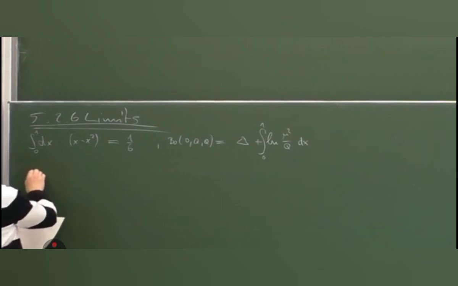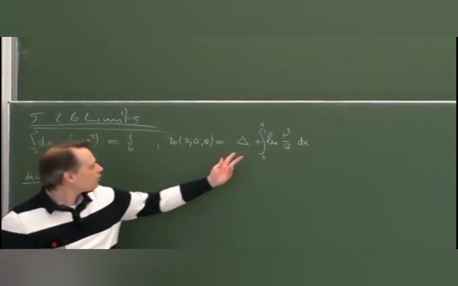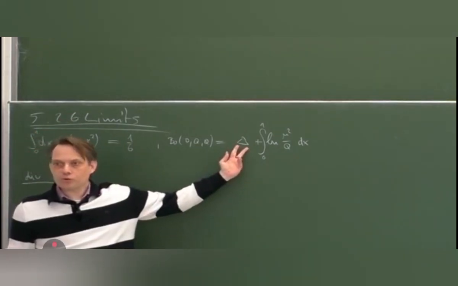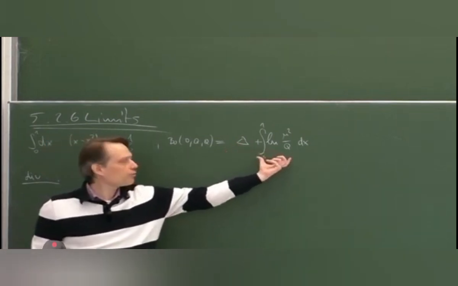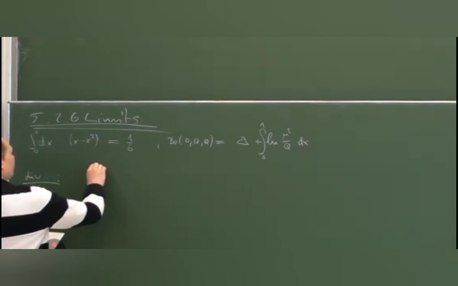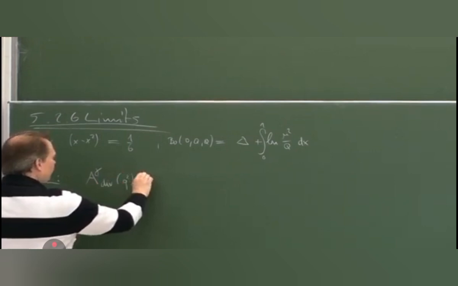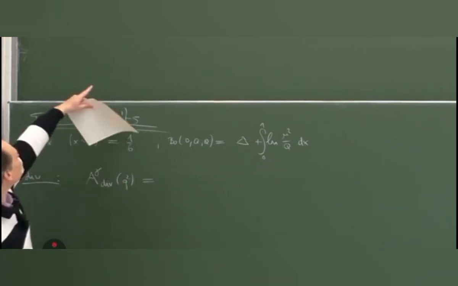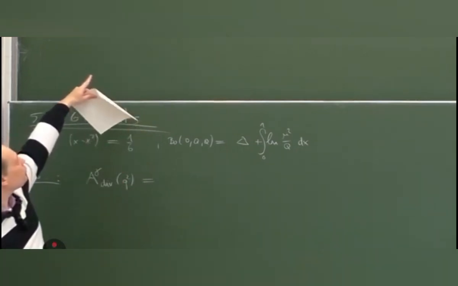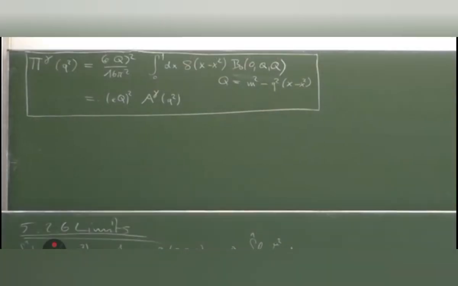So let us first look at the divergent part. The divergent part of this A gamma comes from plugging in the divergent part of the B0 function, and the finite part comes from taking the finite part of the B0 function. So first the divergent part, A gamma divergent of q squared, is what? We have 1/16 pi squared times 8 times the integral over the combination here times the divergent part of B0, which is just delta.